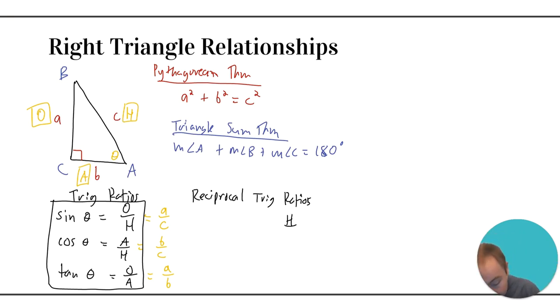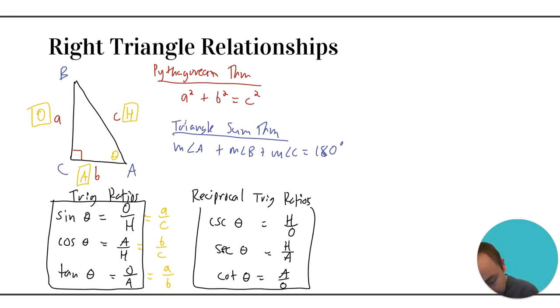So hypotenuse over opposite instead of opposite over hypotenuse gives us the reciprocal of sine, which we call the cosecant ratio, and you need to know that. And then also hypotenuse over adjacent, which you will know is the secant ratio. And then when you find the reciprocal of tangent, we call that cotangent, and that's going to be the adjacent divided by the opposite. Okay?